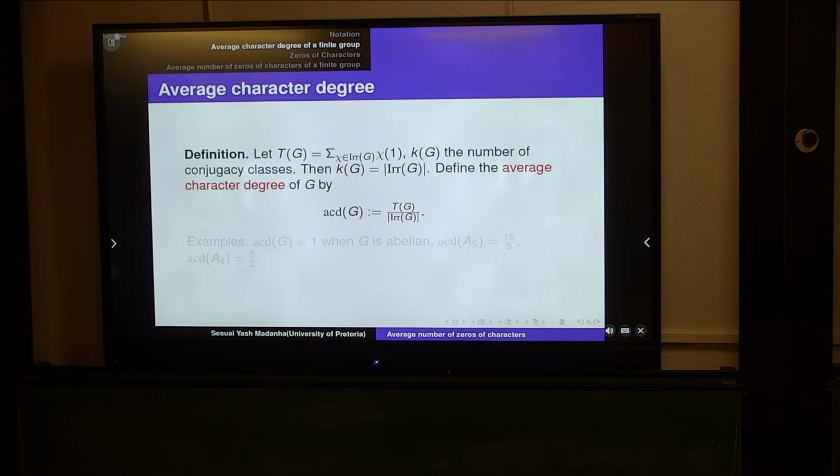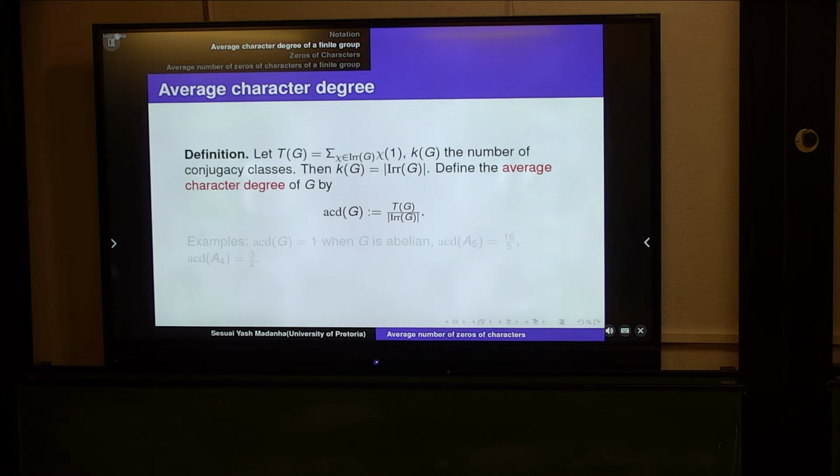This was introduced by Magaard and Tong-Viet, who were looking at something totally different, and then people formalized it. The average character degree of a group is the sum of the character degrees over the number of irreducible characters.